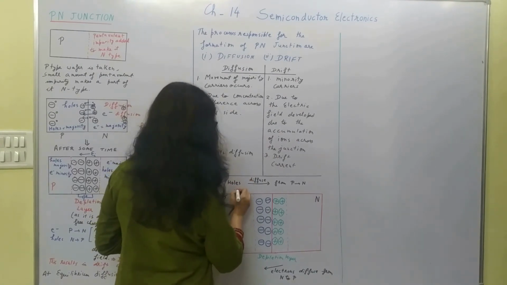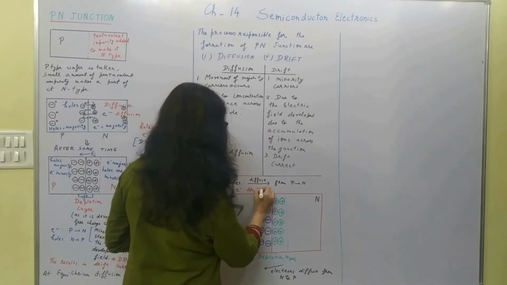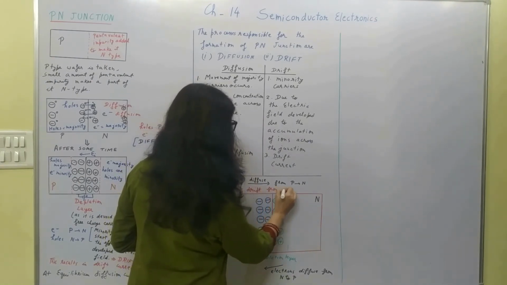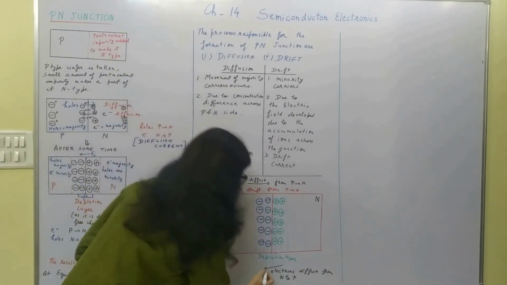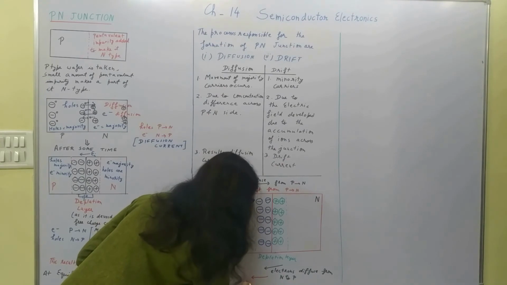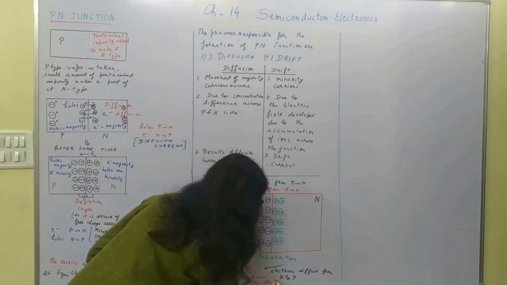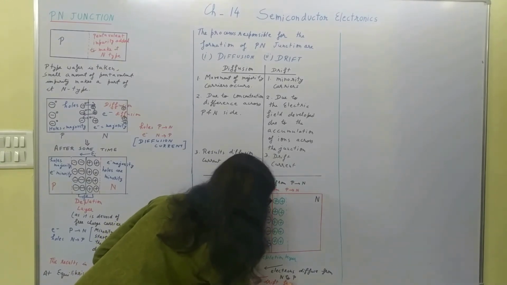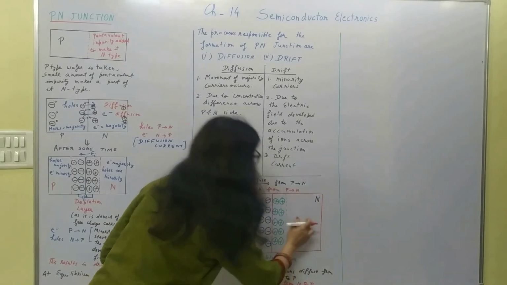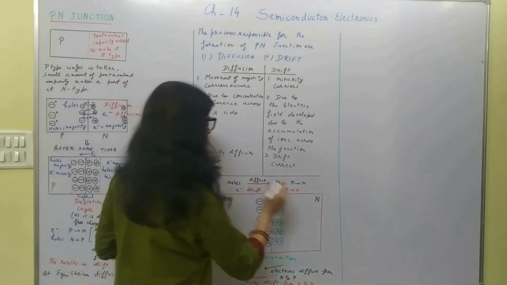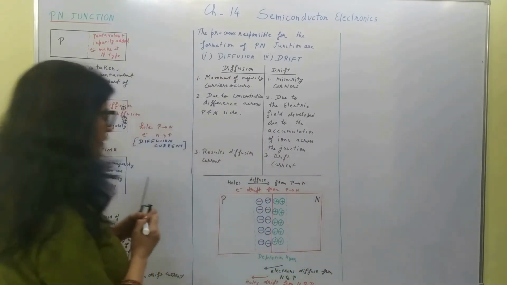So you can say that electrons drift from P to N, and here holes drift from N to P, as holes are minority here and electrons are majority here. This we have already mentioned.